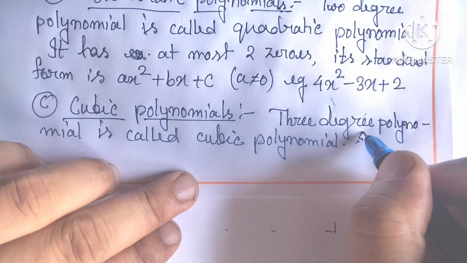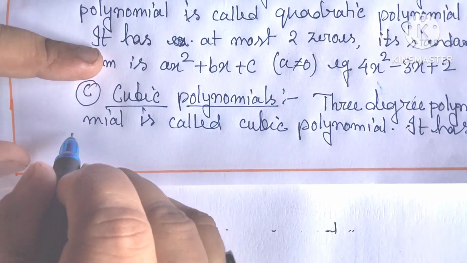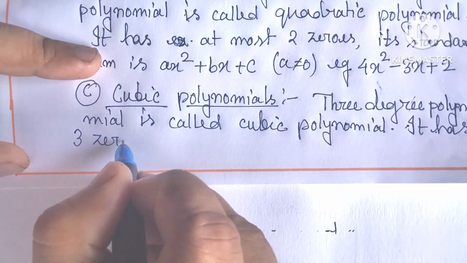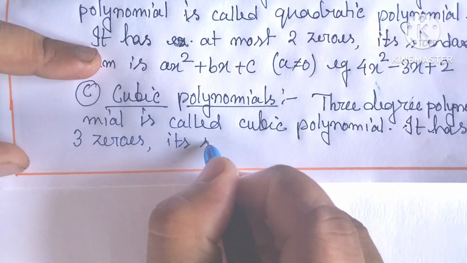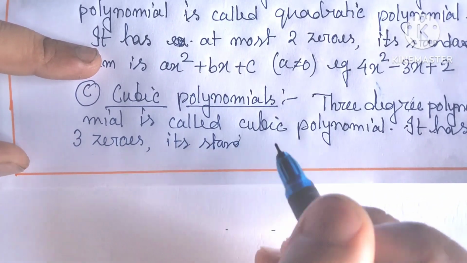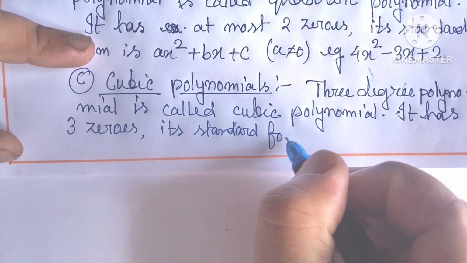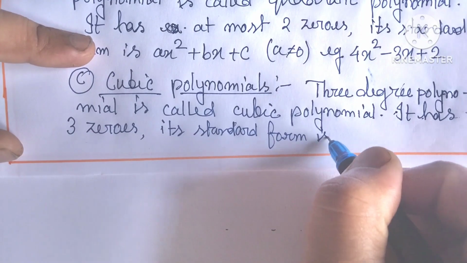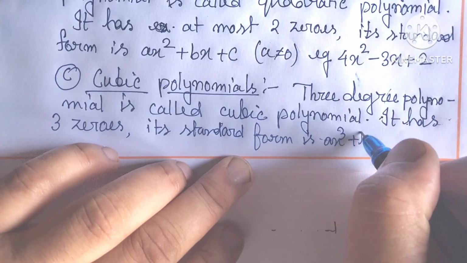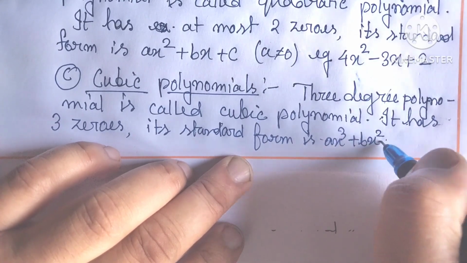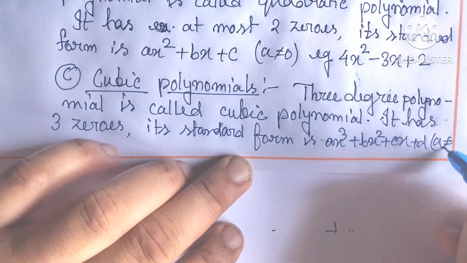It has 3 zeros. Its standard form is ax cube plus bx square plus cx plus d, where a is not equal to 0.